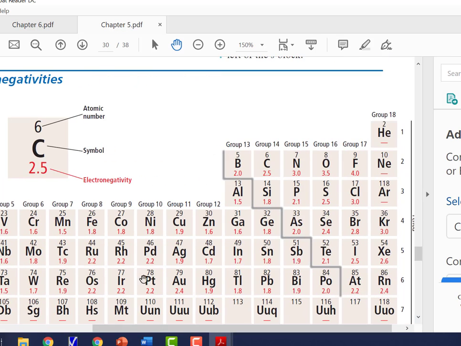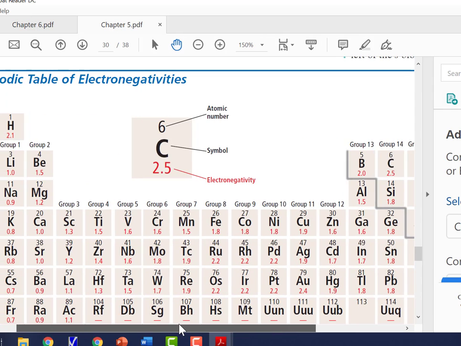And we learned that the right side of the table has higher electronegativities because of more nuclear charge. And the most electronegative was fluorine. And that's at 4.0. And then next comes 3.5 at oxygen, then nitrogen 3.0, chlorine 3.0, carbon 2.5, sulfur 2.5.